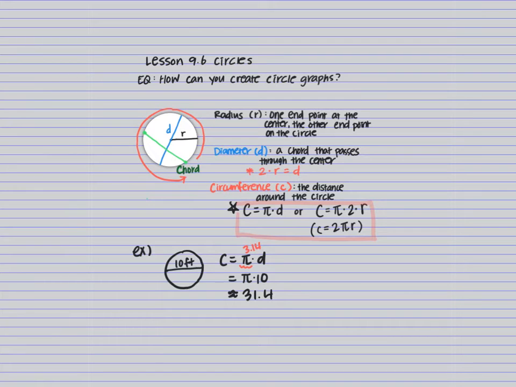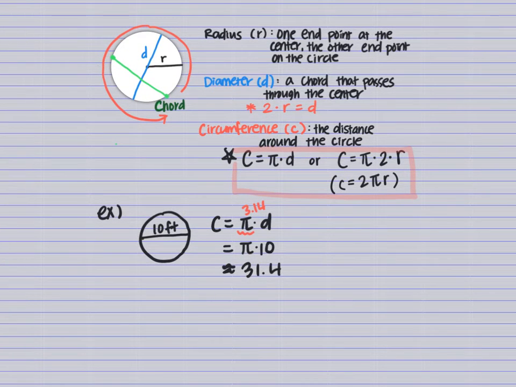Now, if you use a pi symbol, you are going to have numbers that continue beyond 31.4. It actually comes out 31.4159. So what you do is you're going to simply round the numbers. So if you use pi symbol, you're going to have 31.4.